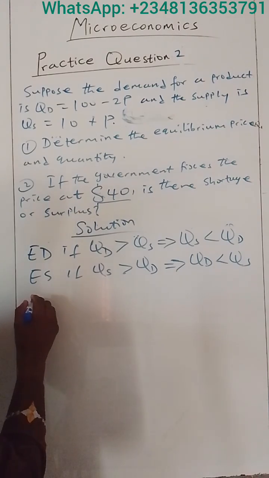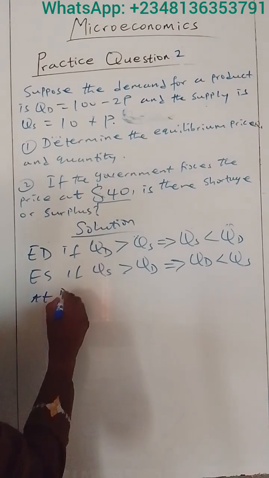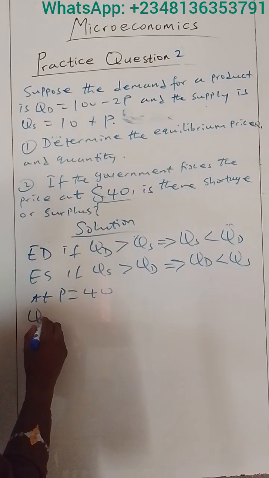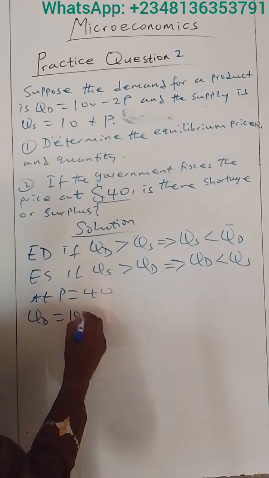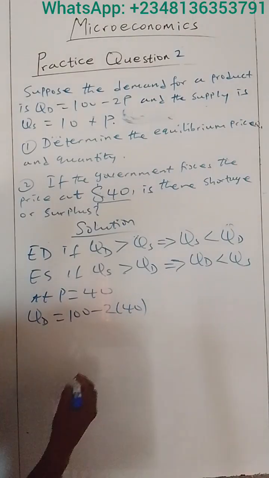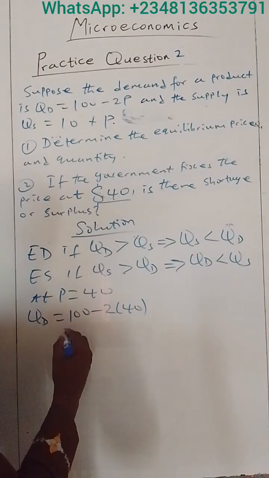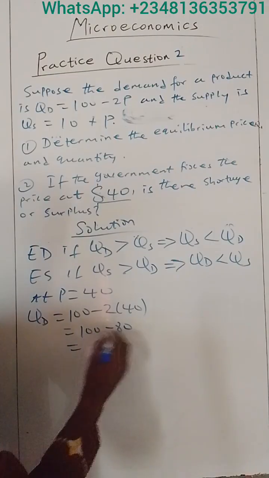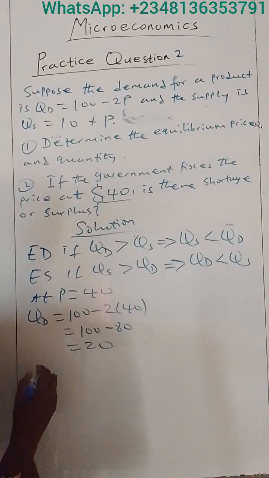So that is at P equals 40. So we have our QD will be equal to 100 minus 2 times 40. This will be equal to 100 minus 80, which is equal to 20.